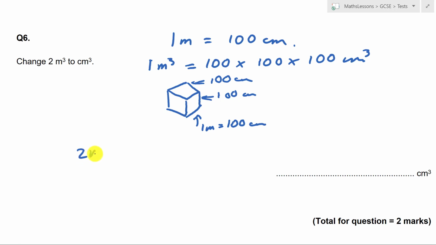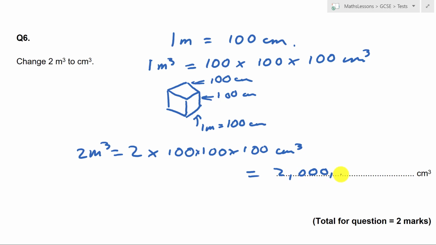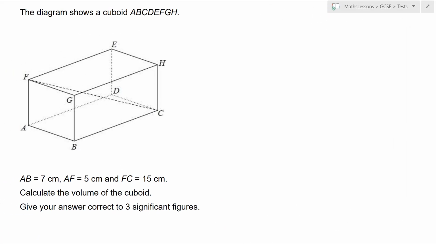So therefore 2 meters cubed will equal 2 times 1 meter cubed, which is 2 times 100 times 100 times 100 centimeters cubed, which gives us 2 million centimeters cubed.